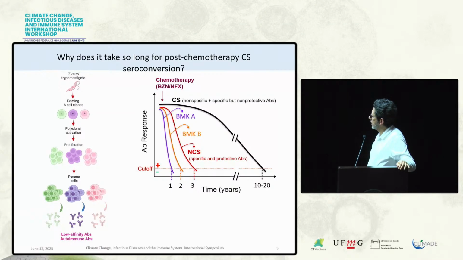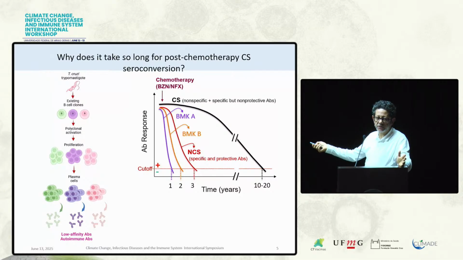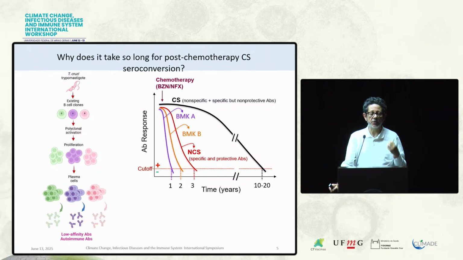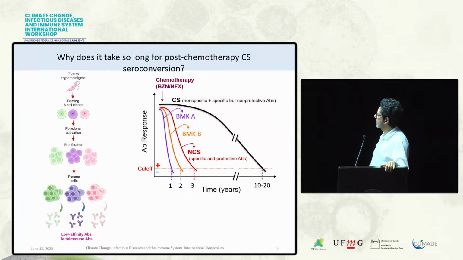So it's the most inadequate antigen to use for the follow-up of chemotherapy. The patients don't see epimastigotes, never will see the epimastigote. So you should use at least a lysate from trypomastigote or amastigote stage to follow up chemotherapy.